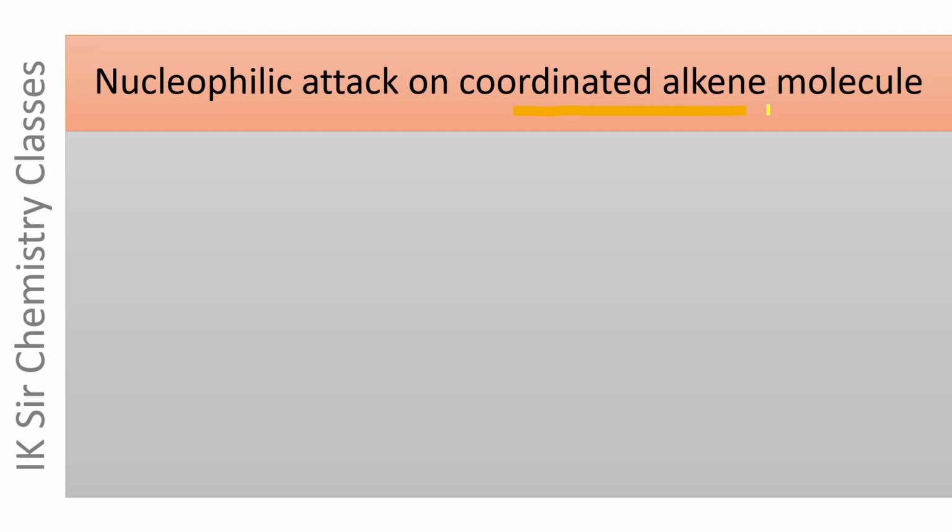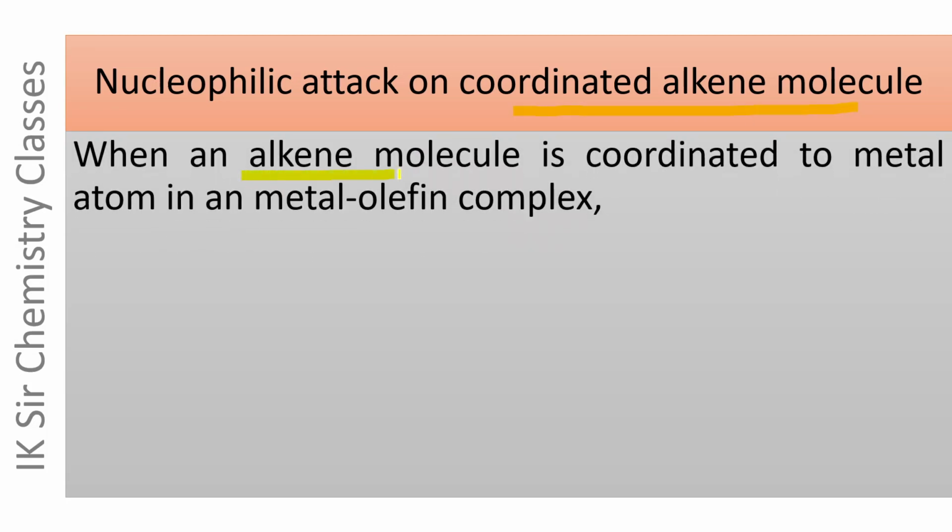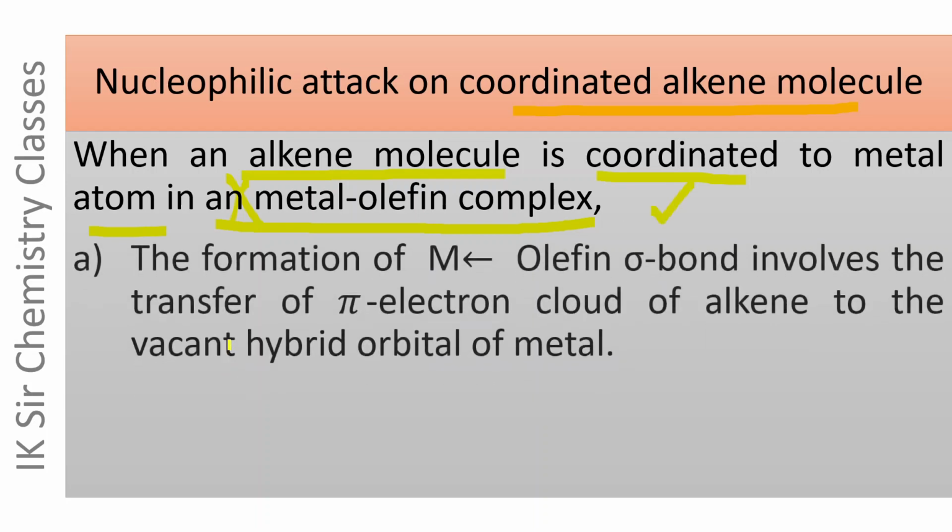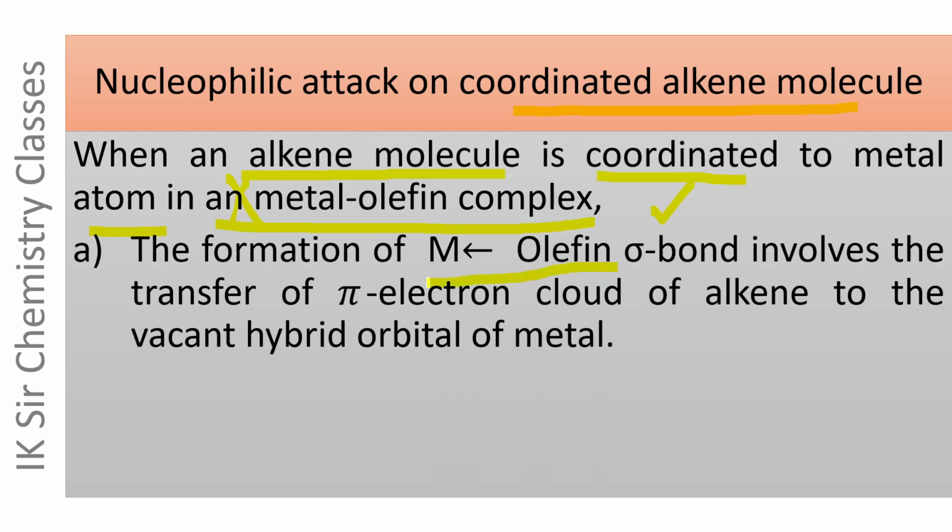Nucleophilic attack on coordinated alkene molecule. When an alkene molecule is coordinated to a metal atom in a metal olefin complex, the formation of the olefin to metal sigma bond involves the transfer of pi electron cloud of alkene to the vacant hybrid orbital of metal.